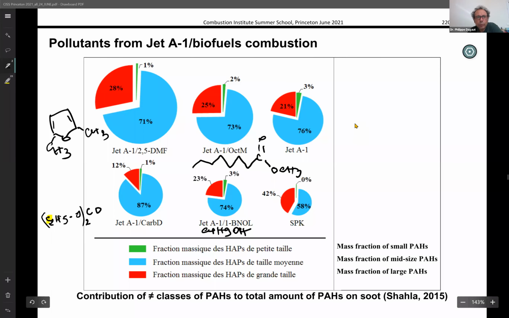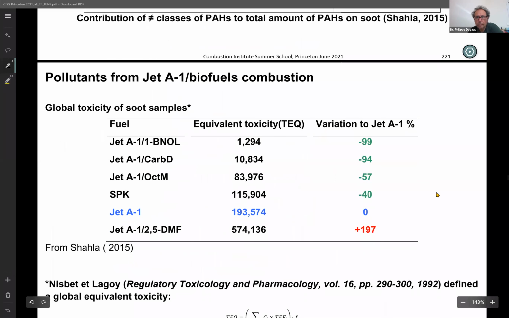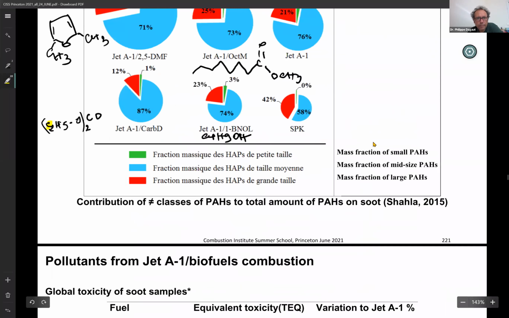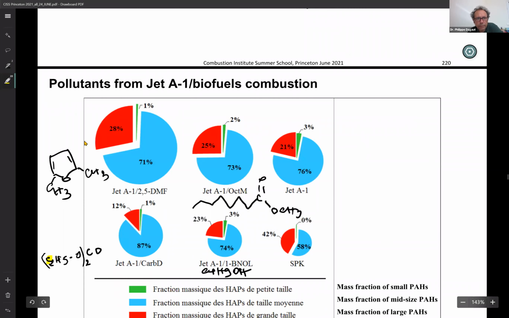And when we summarize the result, what we can see is that again, it is with this fuel mixture that we have the largest formation of PAH, followed by this one, the reference, and then the 3 others which are less.